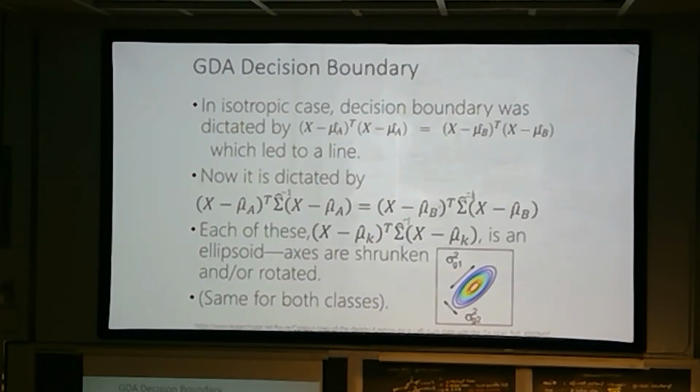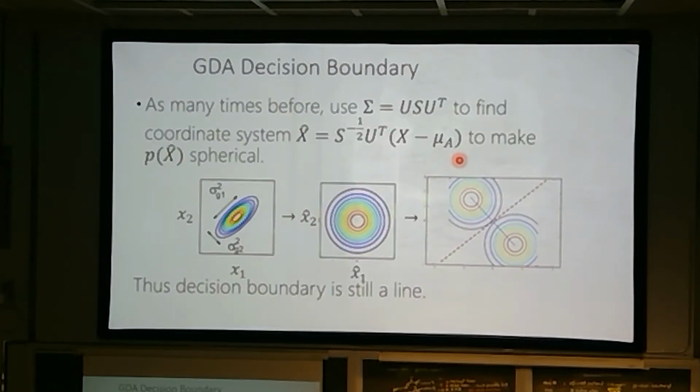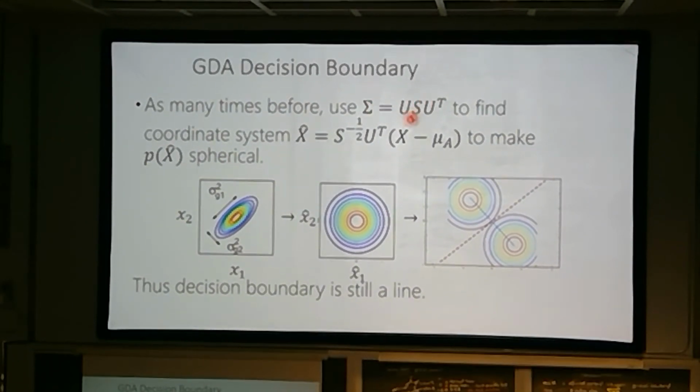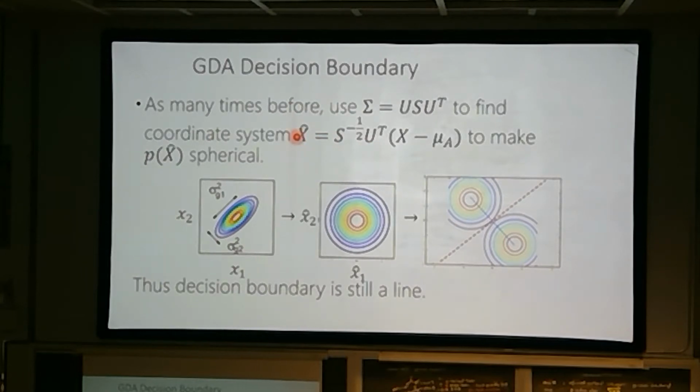So each of these are now ellipsoids, and they're the same kind of ellipsoid for both classes, because they have the same covariance. So I can pull out some of our tricks from the first half of this class. I can do an SVD of the covariance matrix, and use it to whiten or diagonalize X. Once I do that, I end up with the same kind of geometry I had before.